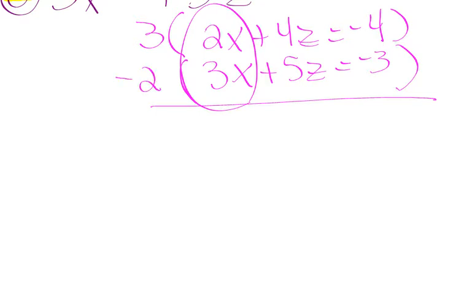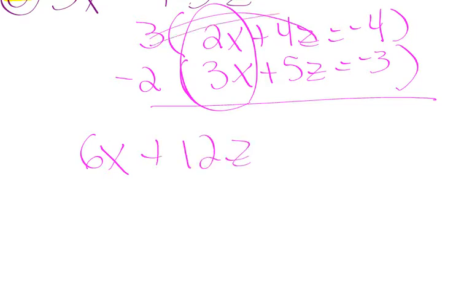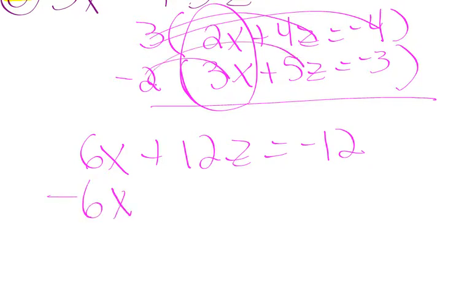So let's do that. On the top line, we're going to do 3 times 2x is 6x, 3 times 4z is a positive 12z, and 3 times -4 is -12. Now for our bottom equation, we've got -2 times 3x gives us -6x, -2 times 5z is -10z, and -2 times -3 is a positive 6.